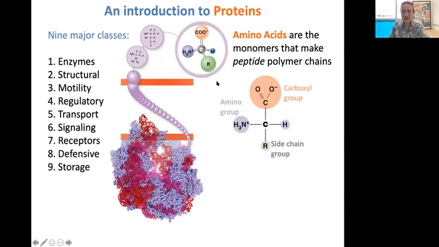So here's the structure. An amino acid consists of a central carbon with an amino group attached to it and a carboxyl group, right? So this is the part that makes it technically an acid, right? Because you remember from OChem, if you have this carboxyl group with a minus charge, right, it makes the whole thing acidic. Right?